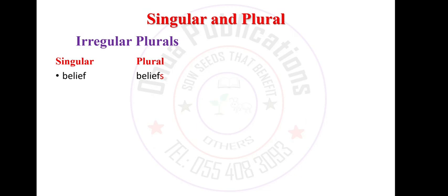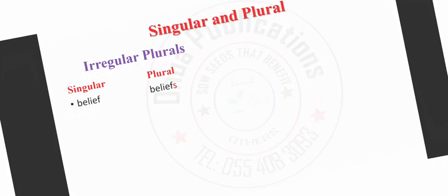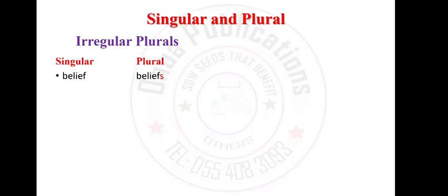No. We've put it under irregular nouns because we are expecting it to change to V, then ES. But it doesn't happen that way, meaning it didn't follow some already established rule. It didn't follow a certain established rule, then that makes it irregular.